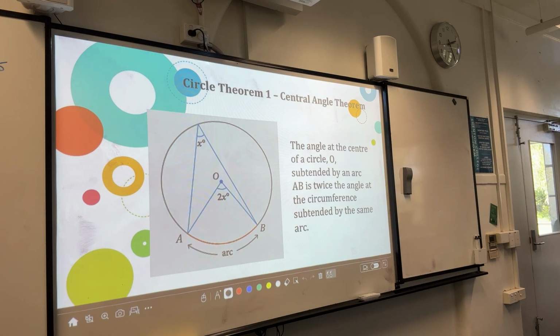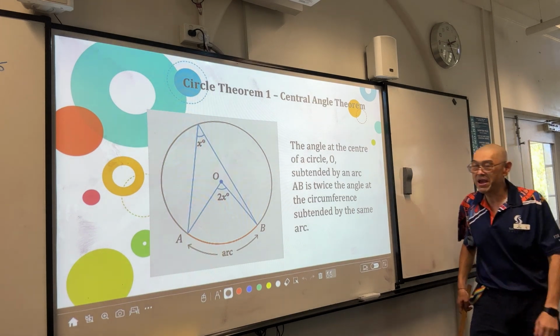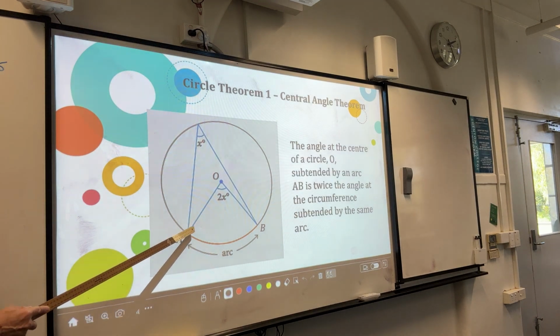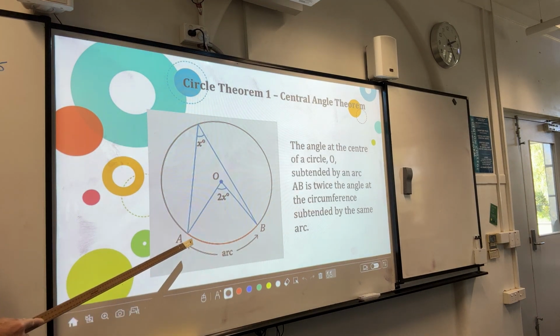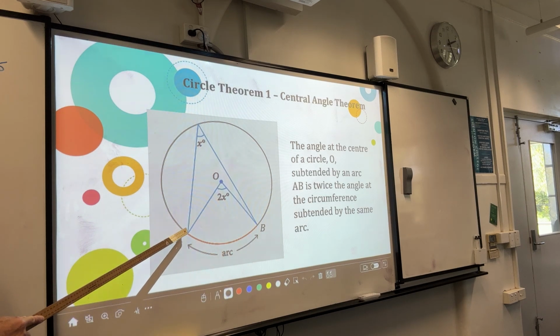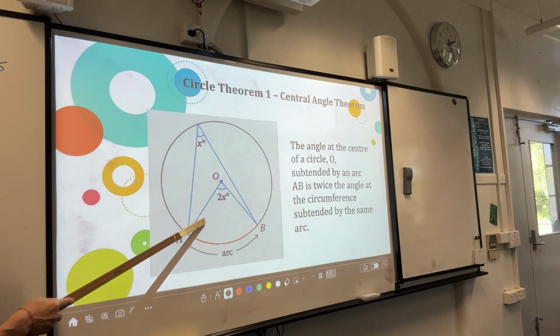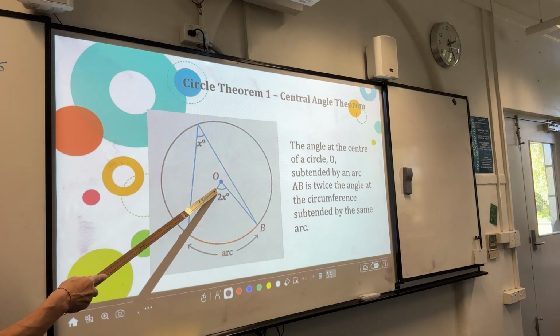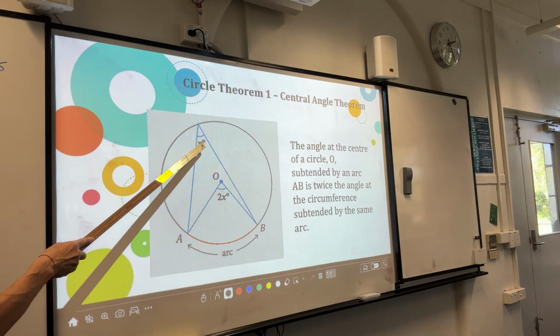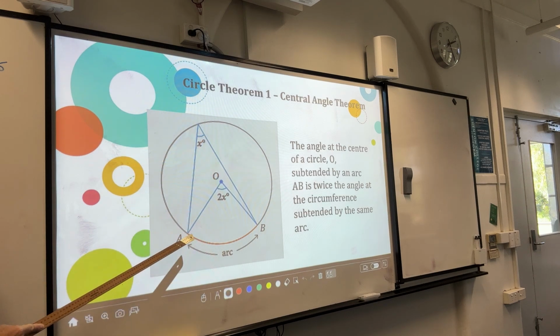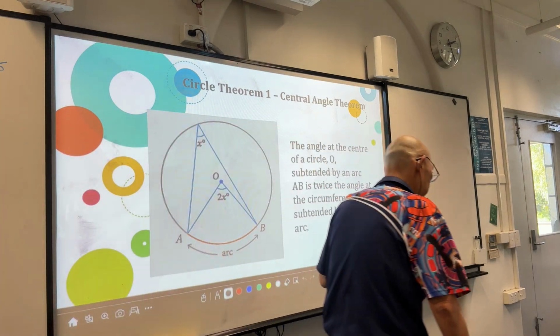Long definition, but basically it says, if you've got the angle from point A to B, and I draw the radius, the angle at the center would be double the angle from point A to B touching the circumference. I'll prove it to you in a few minutes.